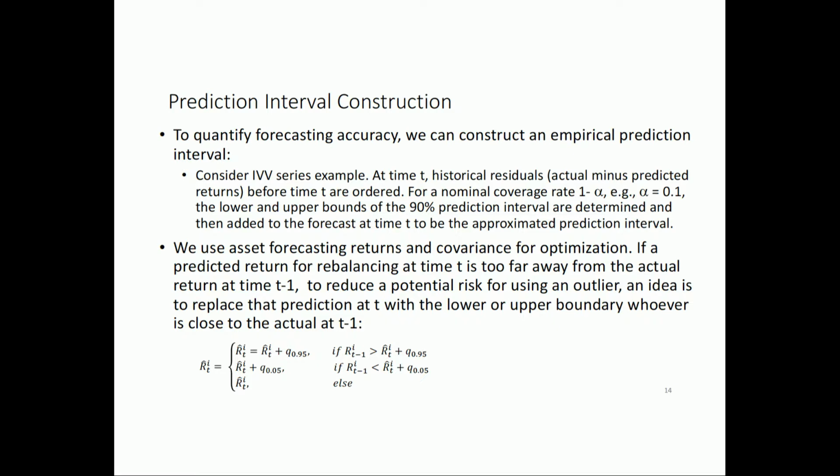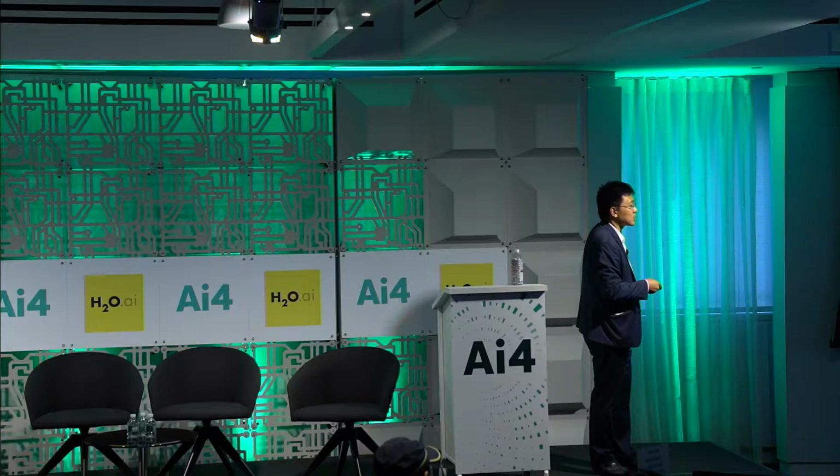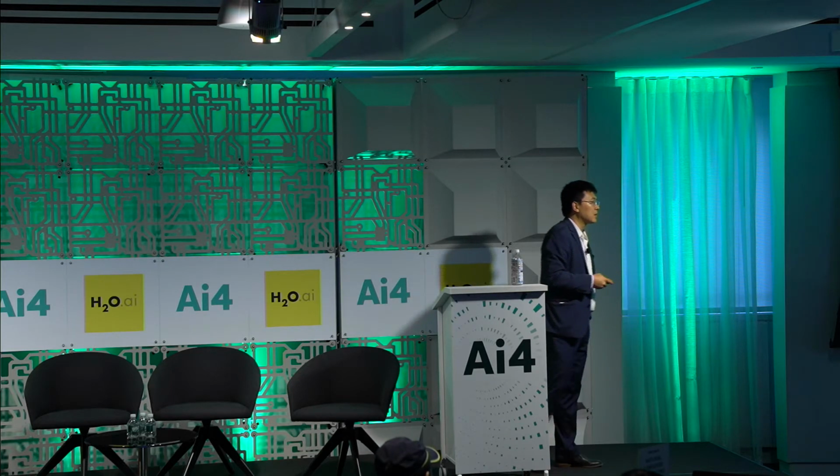If my actual data at t-1 is less than my predicted lower bound, I replace my prediction with the lower bound. Otherwise, I use my prediction. In other words, I use the prediction interval to rule out any outliers.